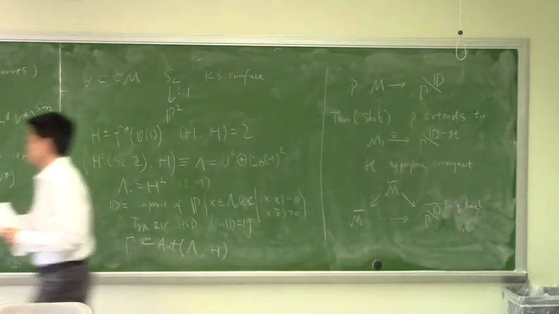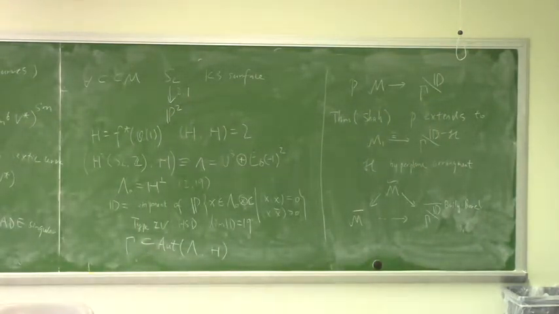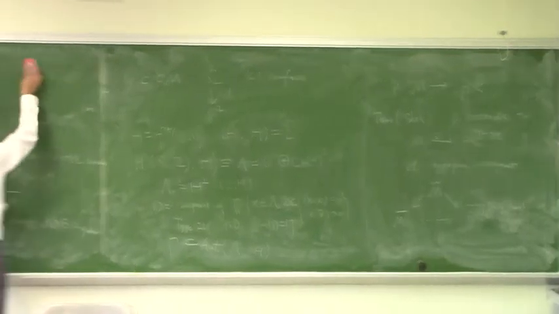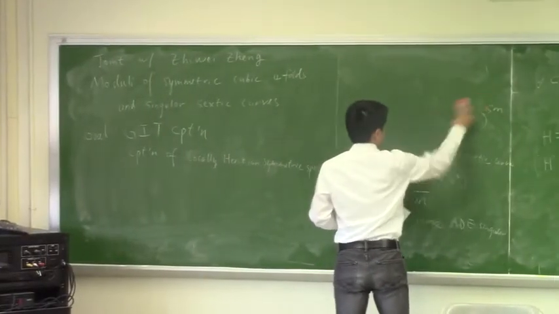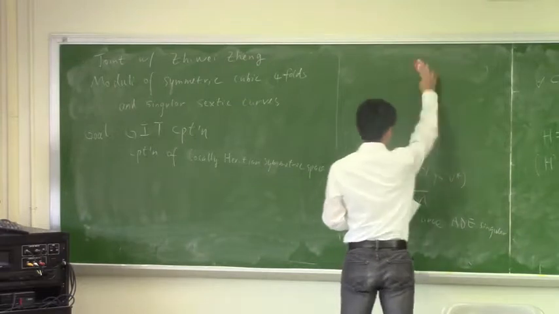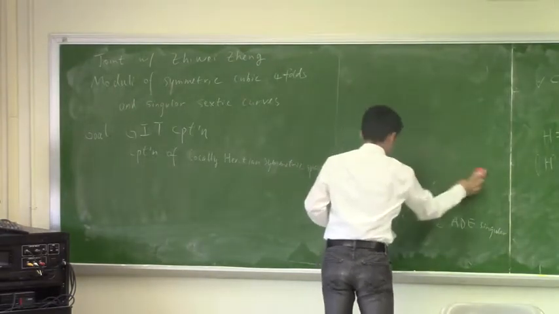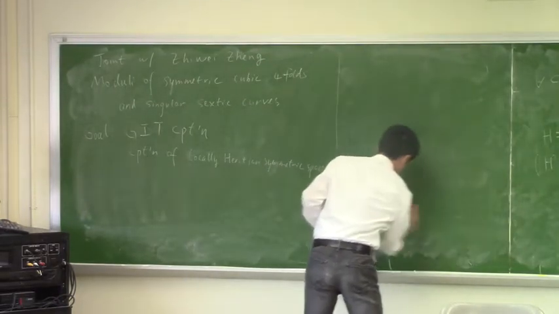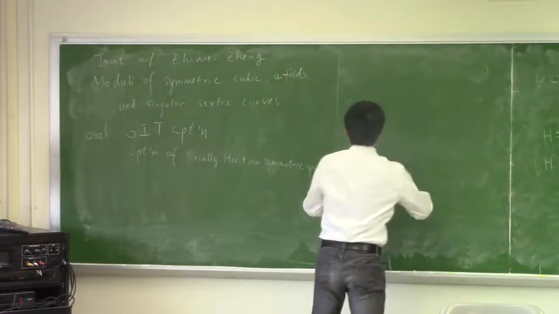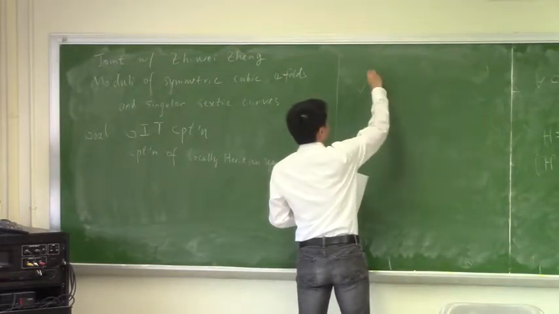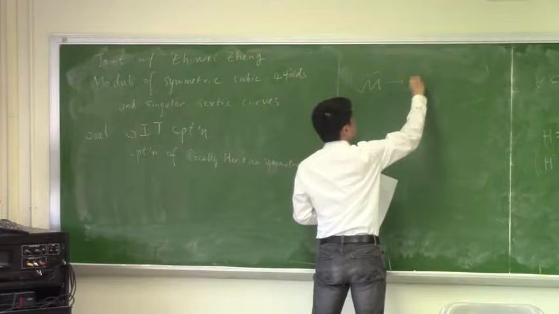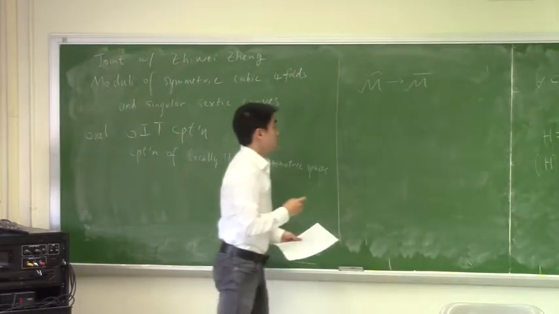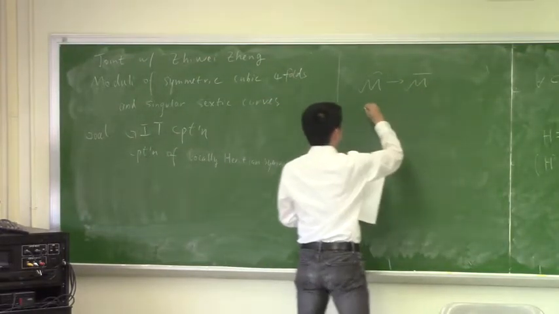Let me write it here. The first map, from M tilde to the GIT compactification, is a blow up along some special point.